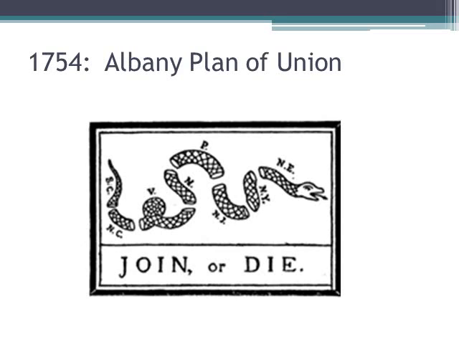And the message that Franklin was trying to get out to the people before the war began is depicted in this cartoon, where you see this snake that's divided into parts, and each of the parts represents one of the colonies. And the message says, "Join or die." Franklin realized that if the colonies were going to be successful in terms of representing and protecting their interest, they'd have to be unified.